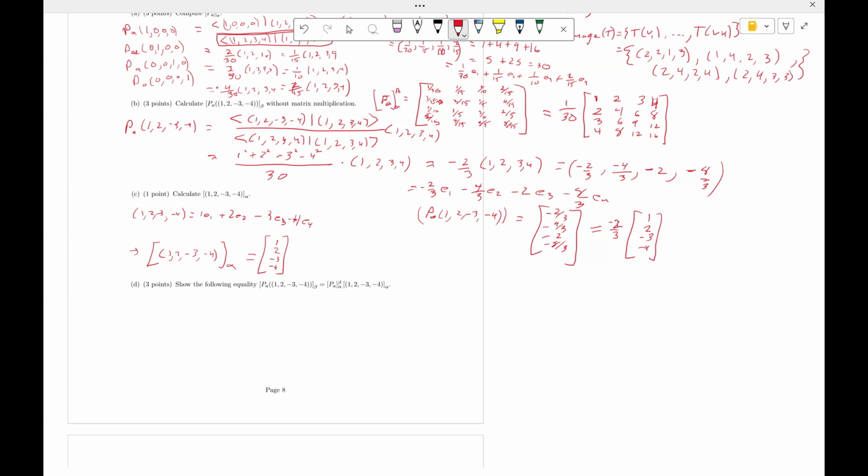And we're going to show that when we do the matrix multiplication of 1/30 times the matrix 1, 2, 3, 4, 2, 4, 6, 8, 3, 6, 9, 12, 4, 8, 12, 16 times 1, 2, minus 3, minus 4, we get what we're looking to get.